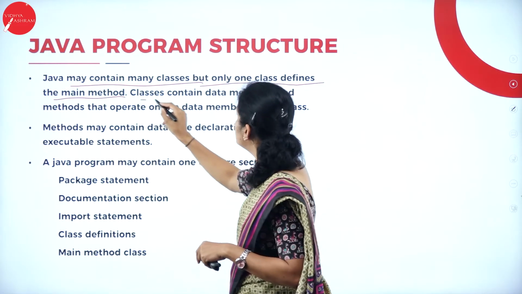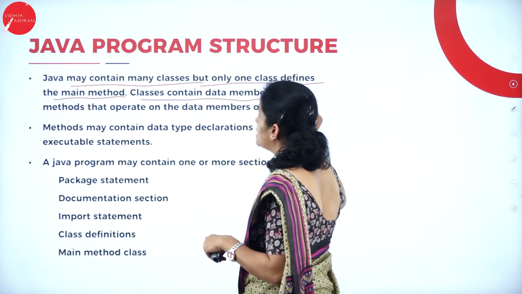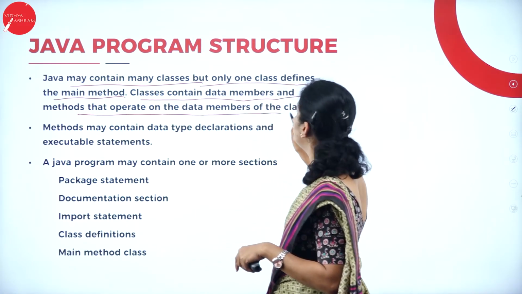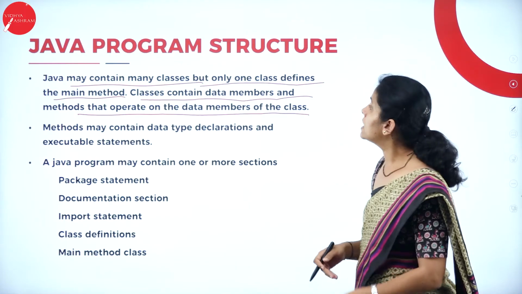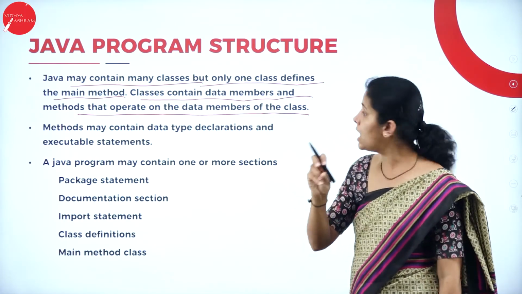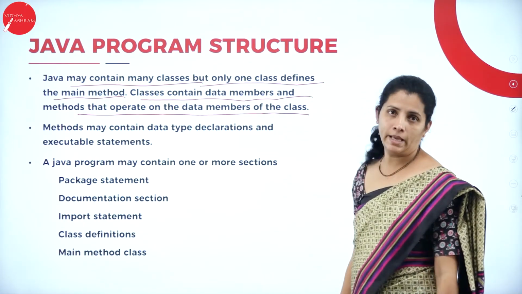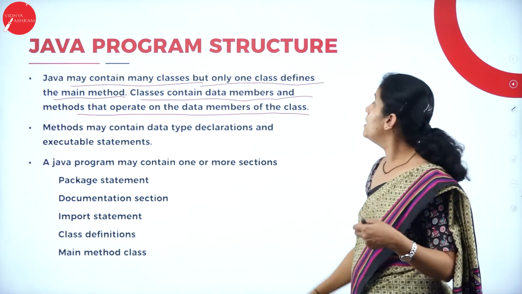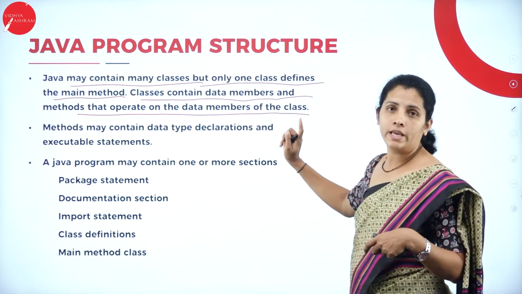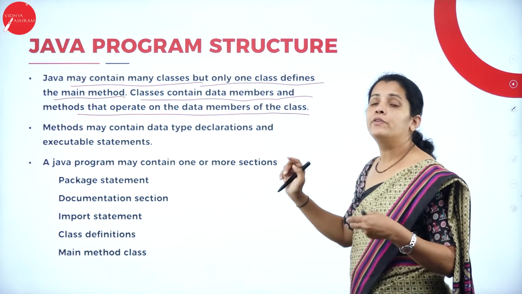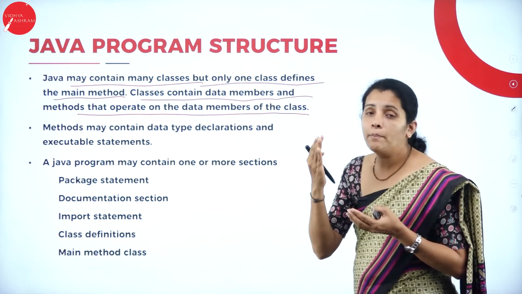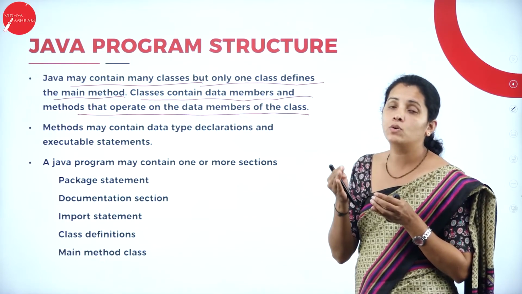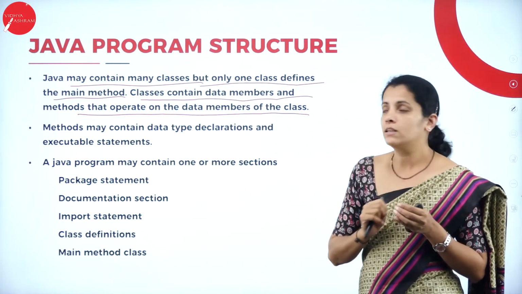And classes contain data members and methods that operate on the data members of the class. That means if you have defined some data members in your class, then those data members are operated on by that class.